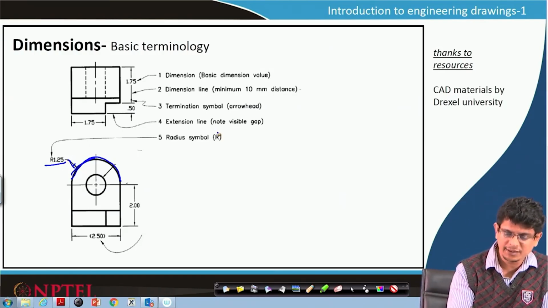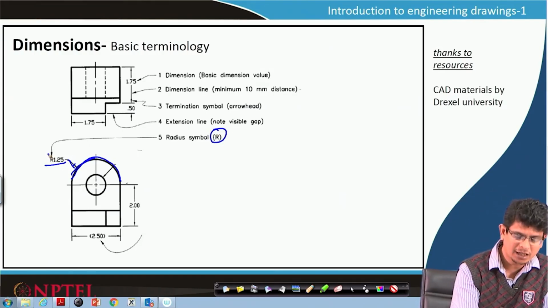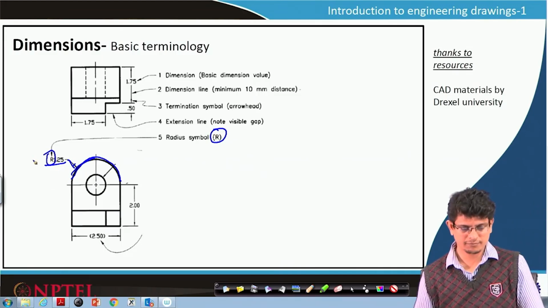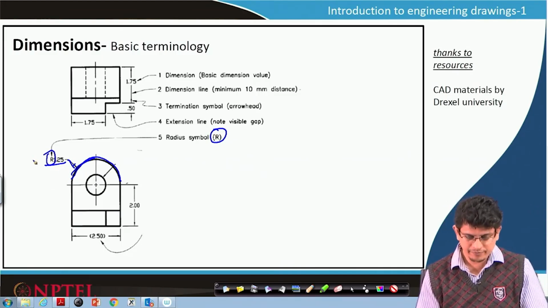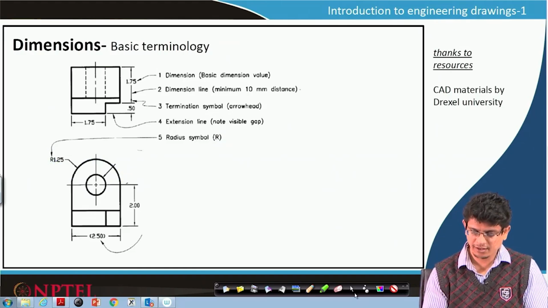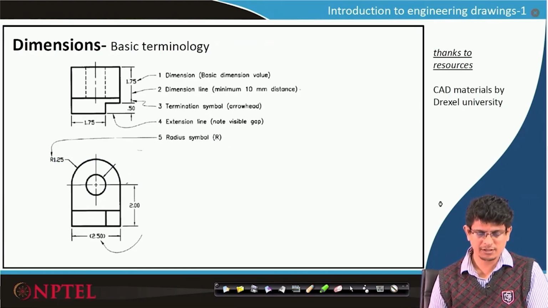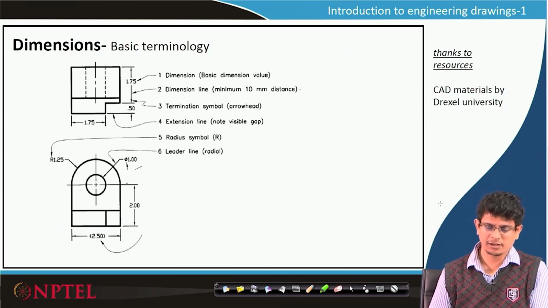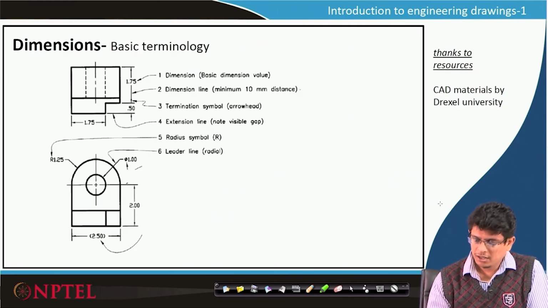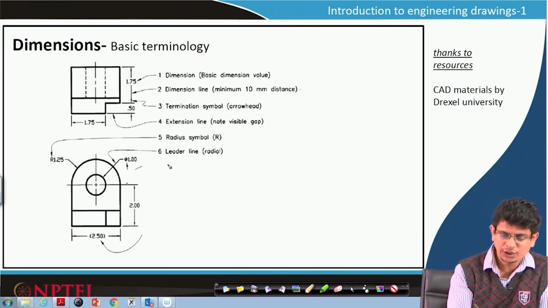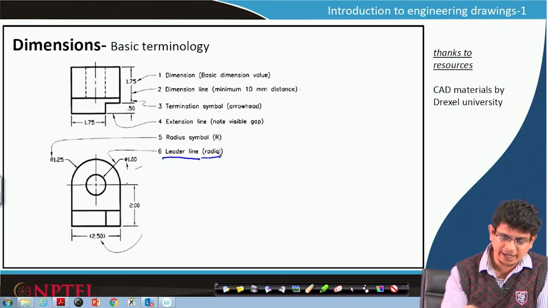And for radius symbol, we use letter R. Here we are showing leader line, this is also a radial line.